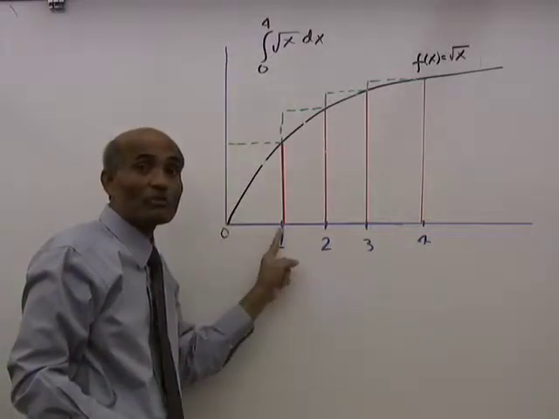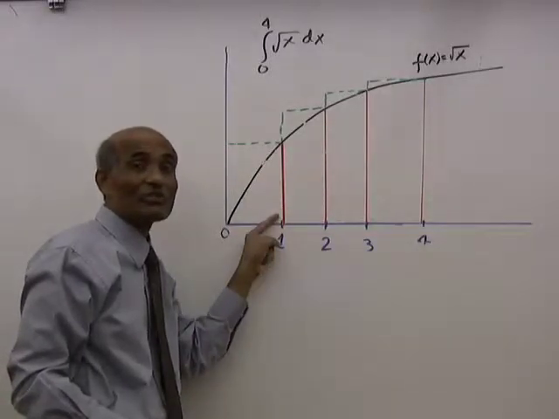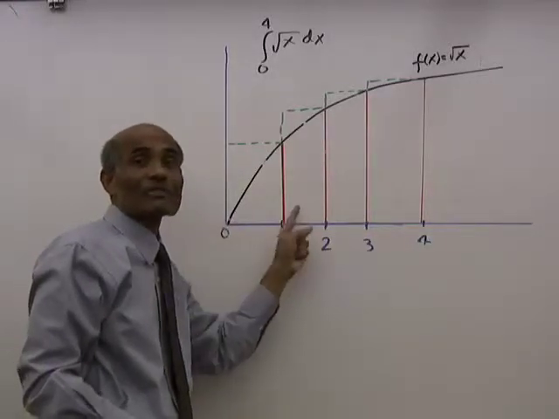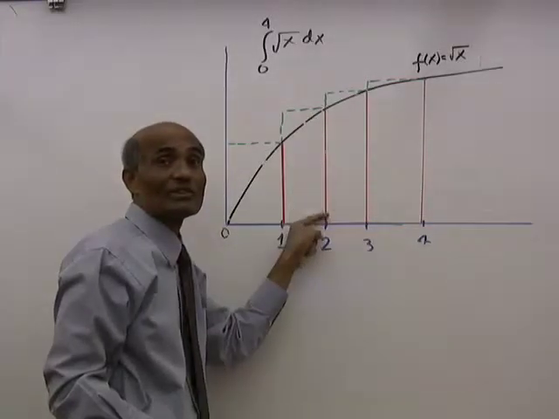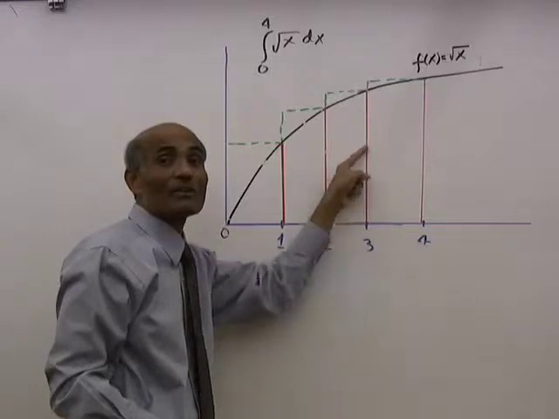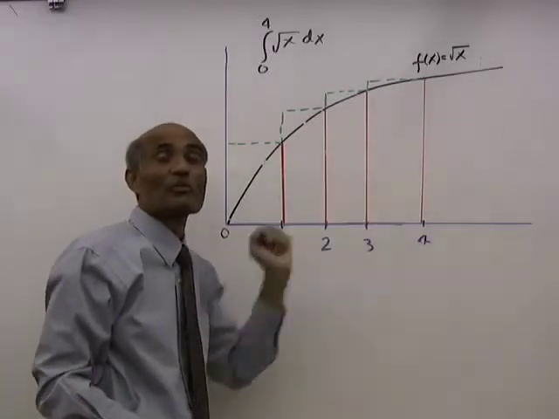For example, for the first rectangle, the height is this on the right. On the left, the height is 0. For the second rectangle, the height on the right is this, and on the left it is this. For the third one, on the right it is this, on the left it is this, and so on.